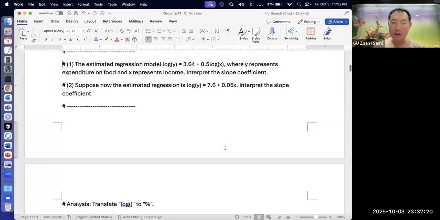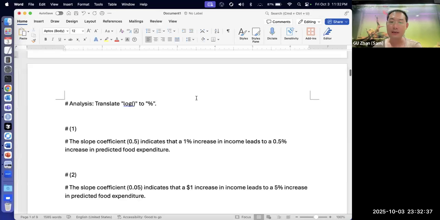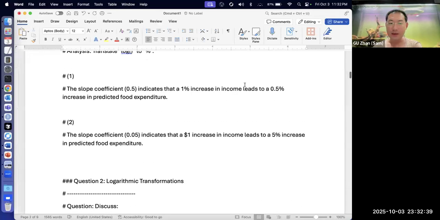Okay, then the second one: a 1 unit increment in X, which is income, will lead to 0.05 times 100, which is 5, so a 5% increment in the food expenditure.